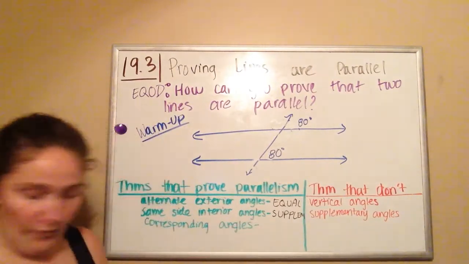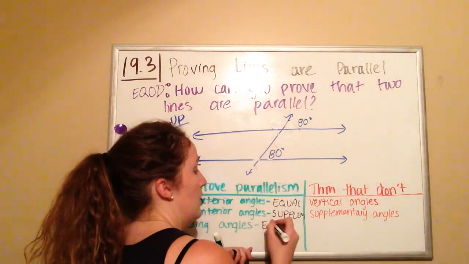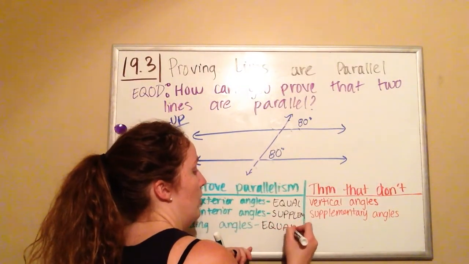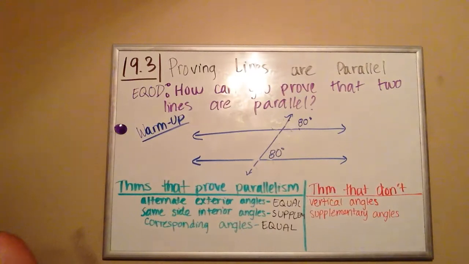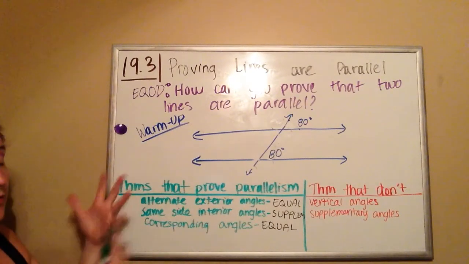And remember, for corresponding angles, just as it shows up here, those need to be equal. Okay? Alright. So that's that. These are the theorems that could prove that they're parallel.